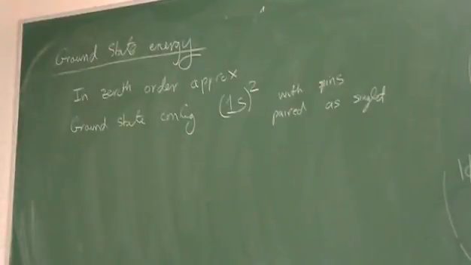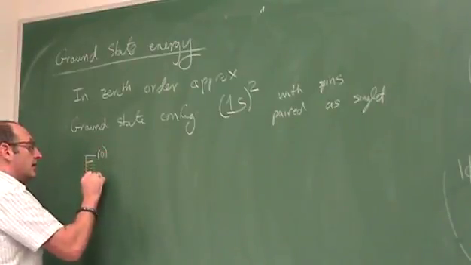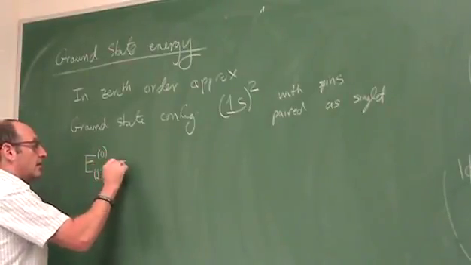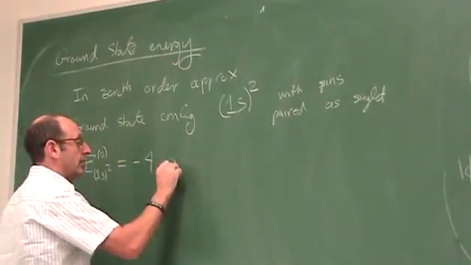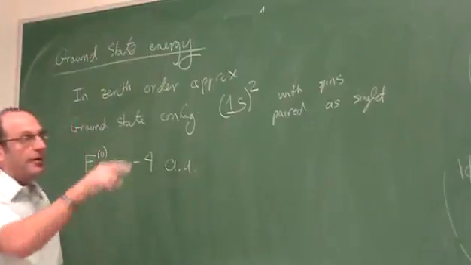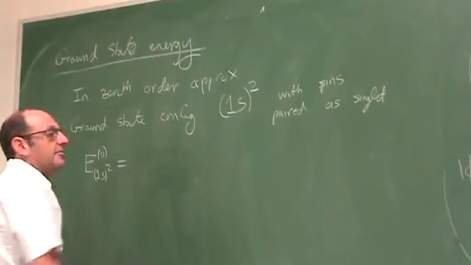All right. So, in this case, the zeroth order energy would be -4 atomic units. In both cases, n equals 1. Actually, let's write it down.